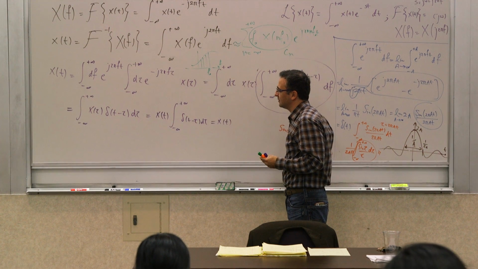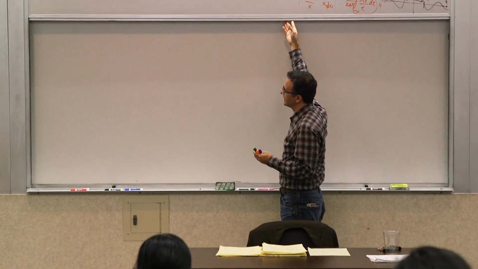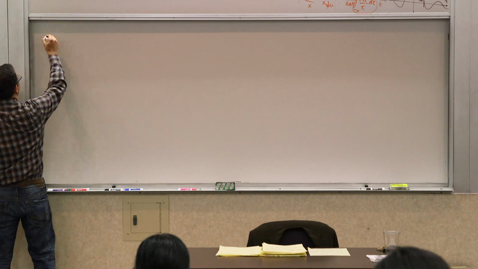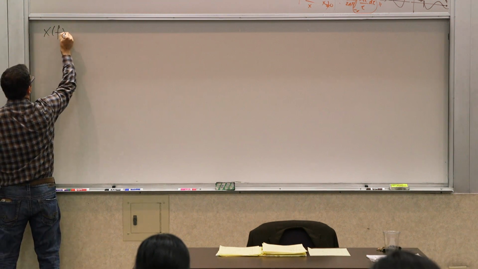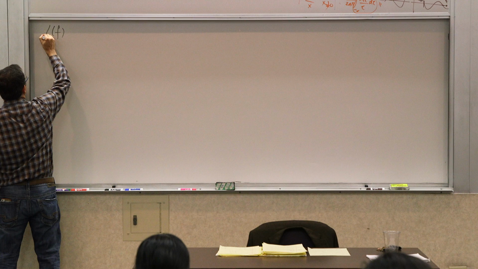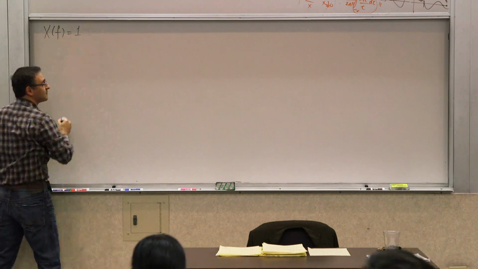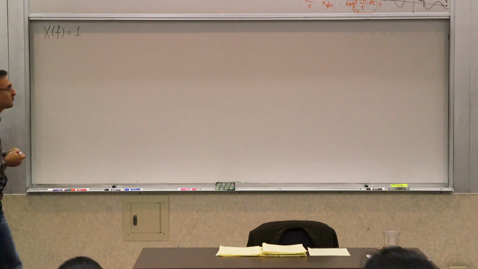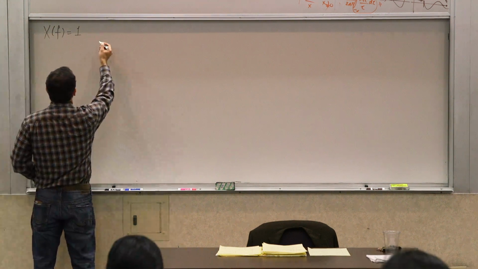So let's look at a couple of examples quickly and see if we can learn some meaningful things from them. Let's say your capital X of f, the spectrum, is 1. We want to see what time domain function produces this, right? So we use the inverse Fourier transform.